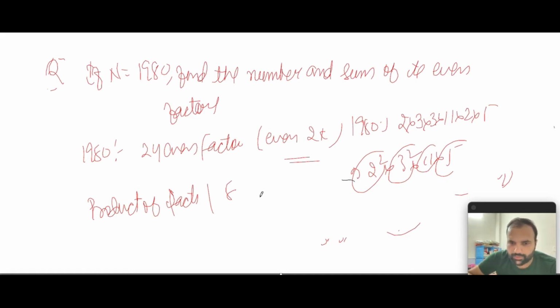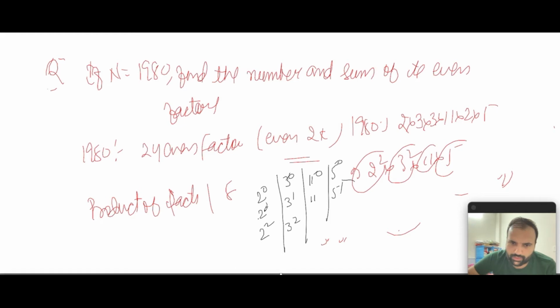It says 2 square, so what all would be the factors? 2 0, 2 1 and 2 2. 3 square, so 3 0, 3 1 and 3 2. Then it says 11, so you have 11 0 and 11 1, and then it says 5, so 5 0 and 5 1.